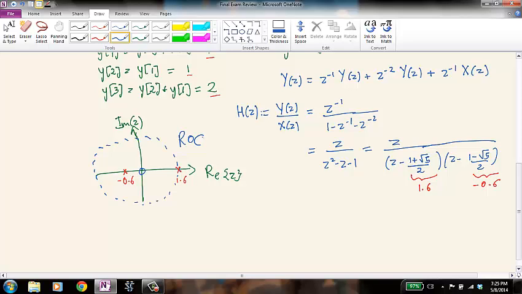One of them looks like 1.6 raised to n. Okay, 1.6 raised to n is going to go to infinity as n grows. And the other term is minus 0.6 raised to n. 0.6, since it's less than 1, is going to go to 0, right? And you have a minus sign in there, so there's going to be some oscillation. Just sign flips.